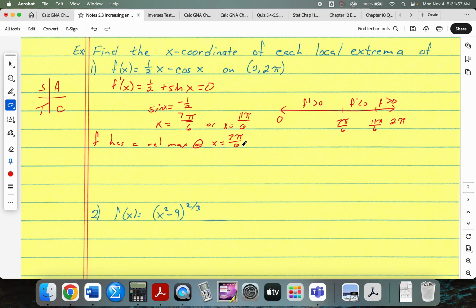And they didn't ask me to justify it, but it's a short justification. I'm going to add it on here because f prime changes from positive to negative at x equals 7 pi over 6.